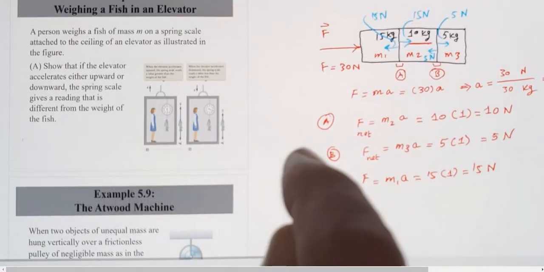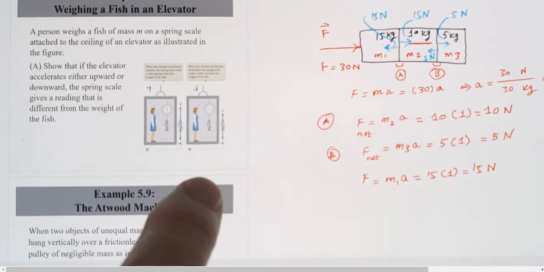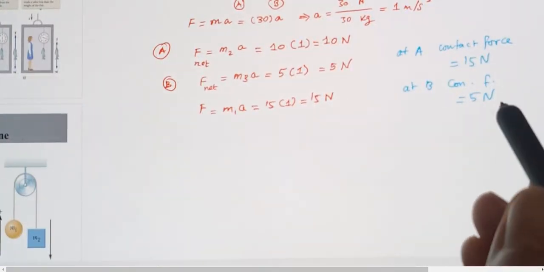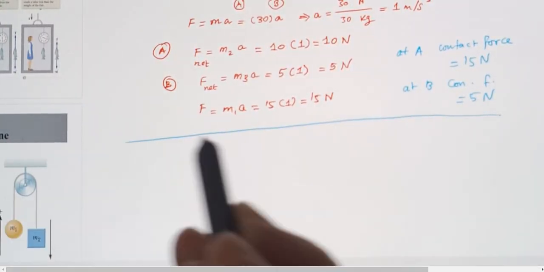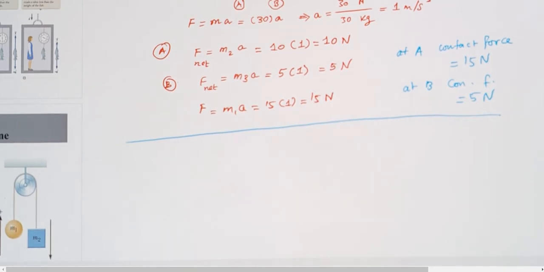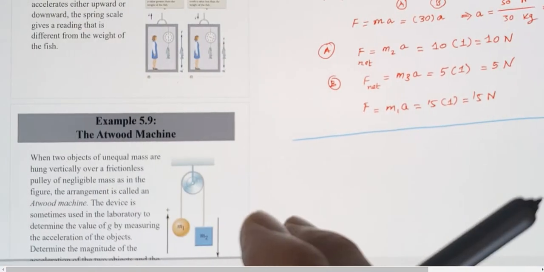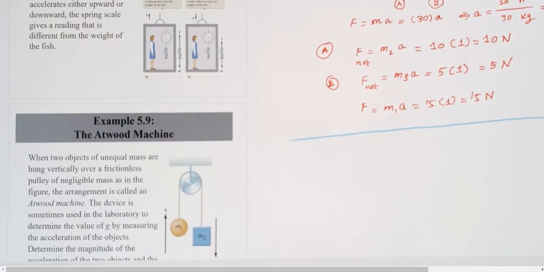طيب. Now another typical problem, and you will see it in all physics books, is the situation when you have an object moving up or moving down, and talking about its weight.